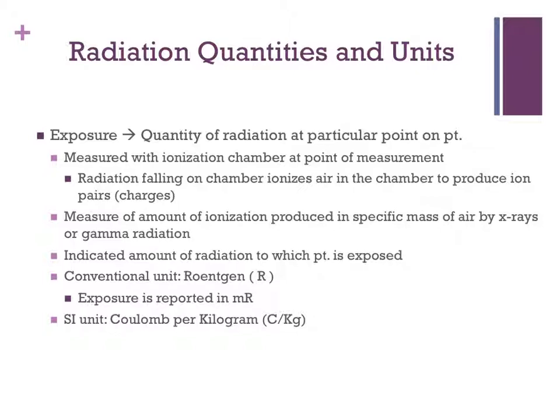Exposure is a measure of the amount of ionization produced in a specific mass of air by X-rays or gamma radiation. The ionization indicates the amount of radiation to which a patient is exposed. The conventional unit for exposure is the roentgen, and the SI unit is the coulomb per kilogram. Exposure is usually reported in milliroentgens.